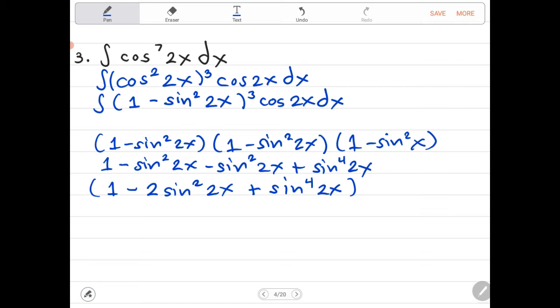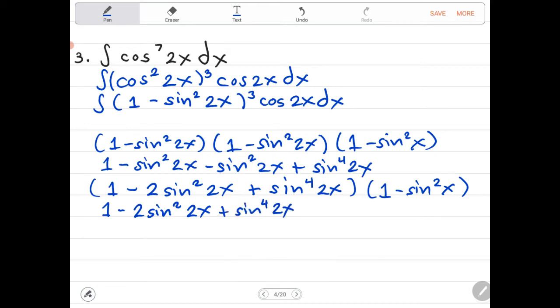Then after that, we are going to multiply it again by 1 minus sine squared 2x. Multiply it by 1 first, all the equation in our left side. So just copy 1 minus 2 sine squared 2x plus sine raised to 4 2x. Then multiply the equation in our left side by negative sine squared 2x.